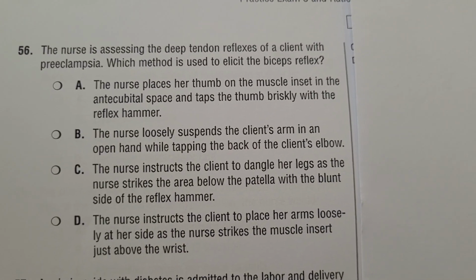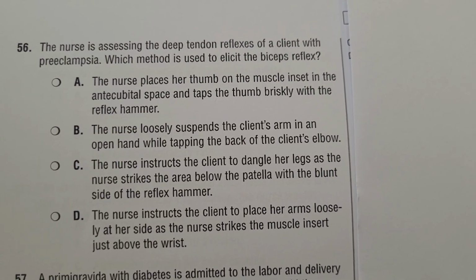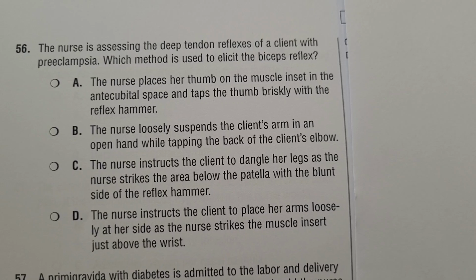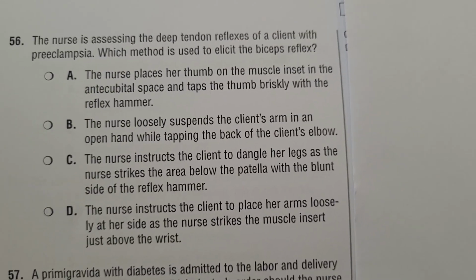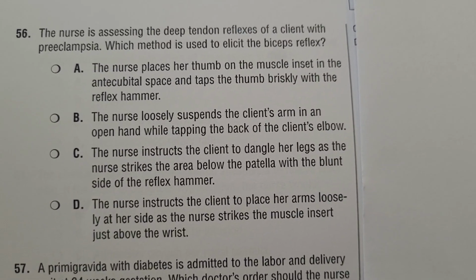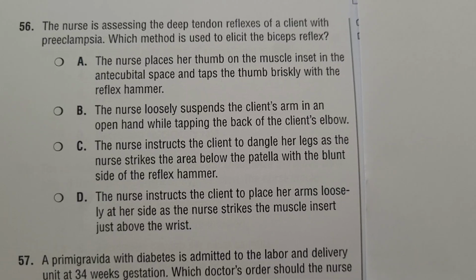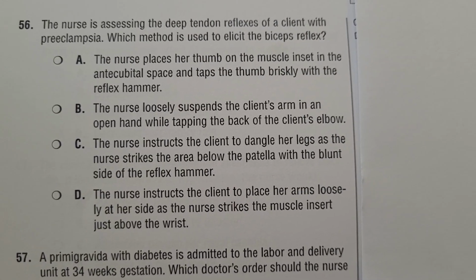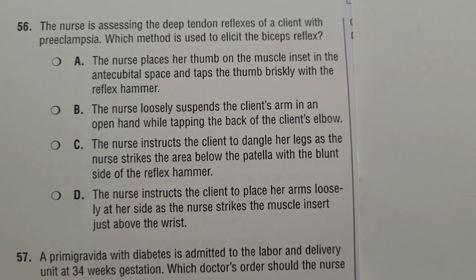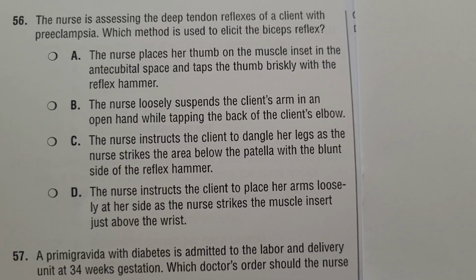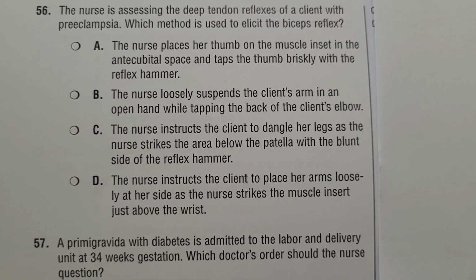Number B, the nurse loosely suspends the client's arm in an open hand while tapping the back of the client's elbow. This is an incorrect option because that is the triceps reflex. Number C, the nurse instructs the client to dangle her legs as the nurse strikes the area below the patella with the blunt side of the reflex hammer.